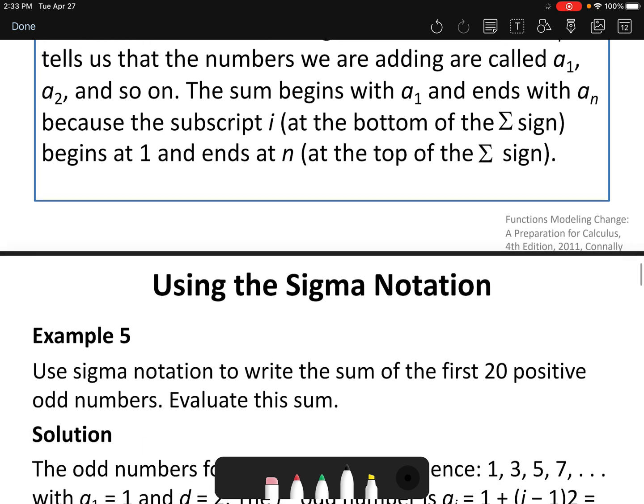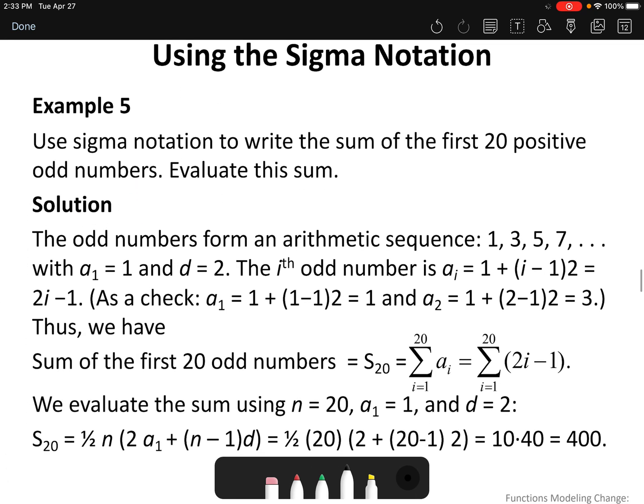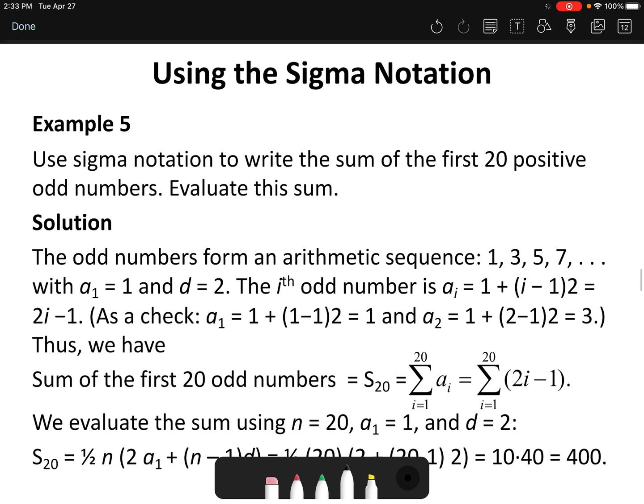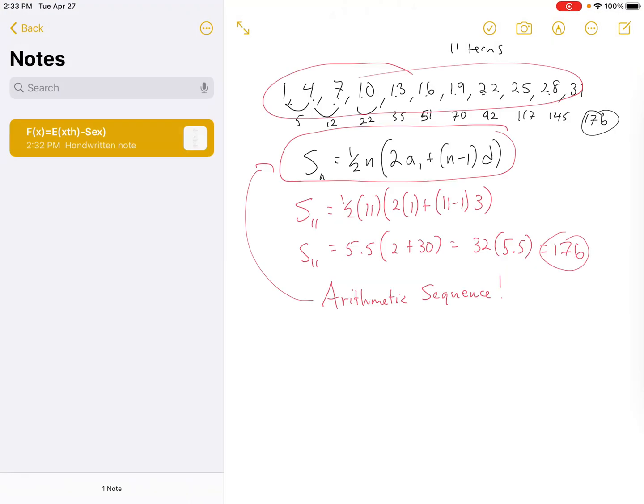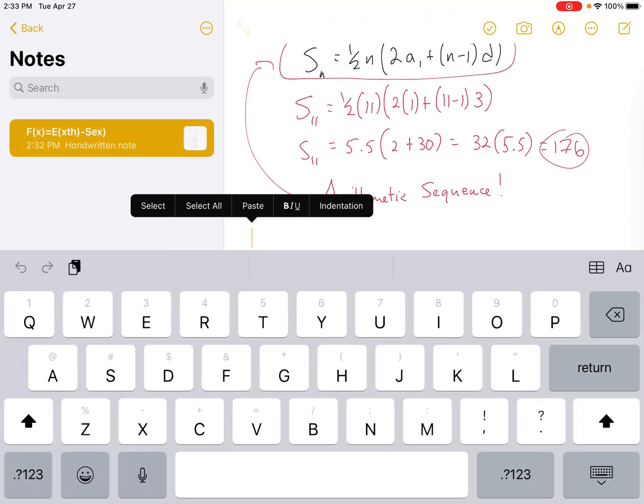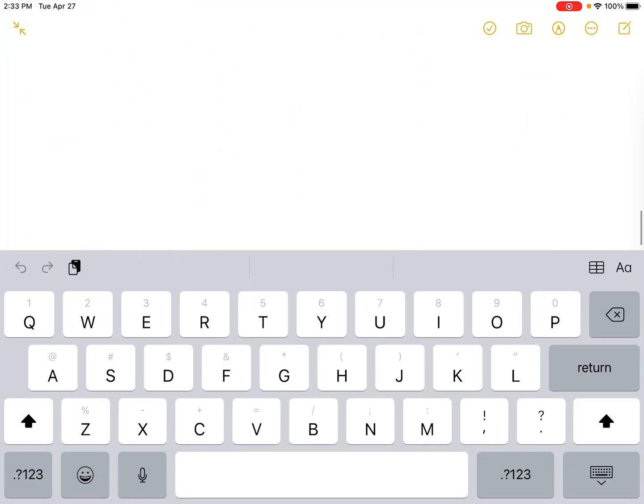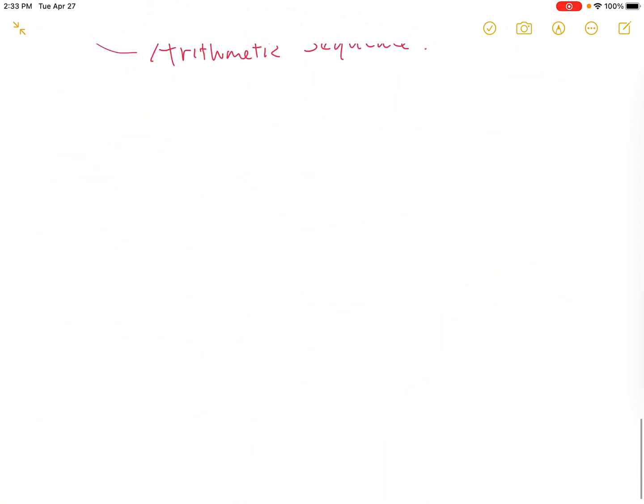So, whoa, what is all that? Well, let's talk about it. So if we use sigma notation to write the sum of the first 20 positive odd numbers, okay? And again, you can look at the reading here, but I'm going to do it over here. The sum of the first 20 odd integers.